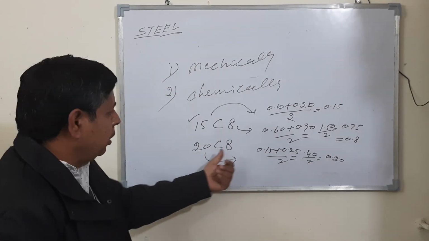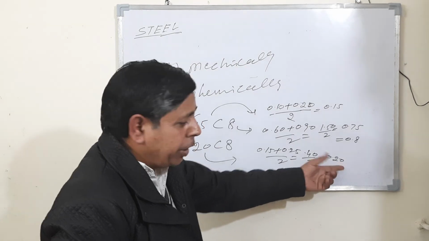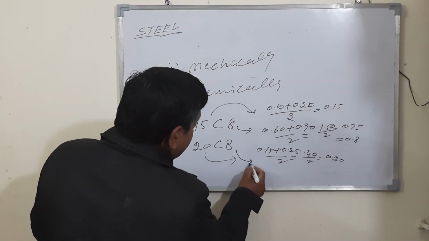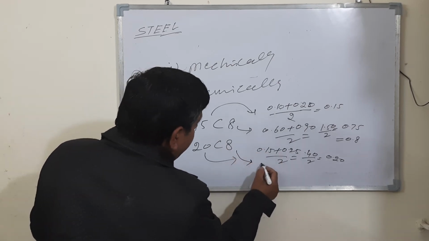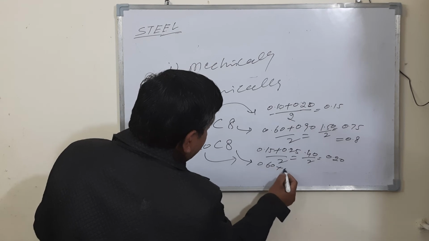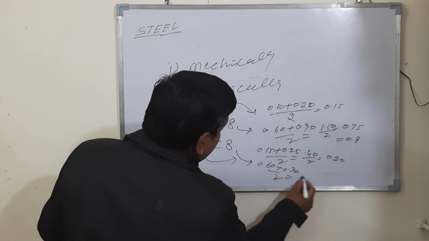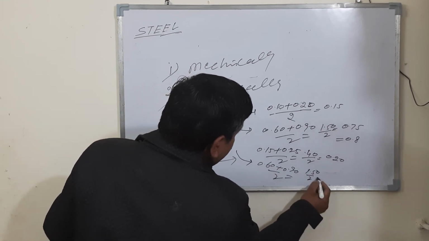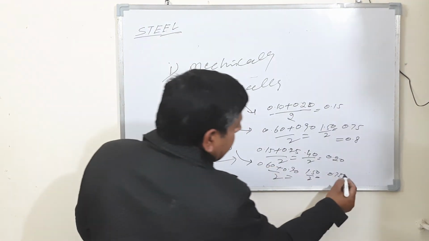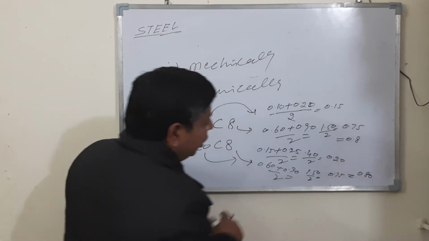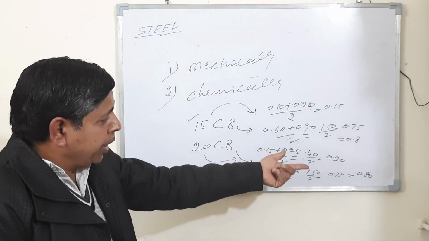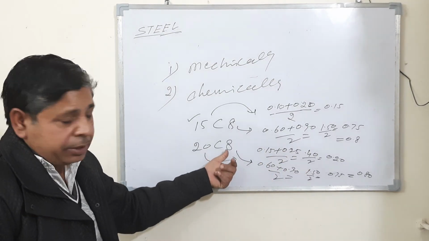This metal has 0.20% average carbon content. The same thing applies: take 0.6 plus 0.9 divided by 2, which is 0.75. So take the round figure 0.80. So 0.80 means this metal has 0.8% average manganese.